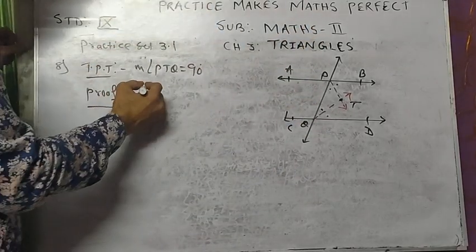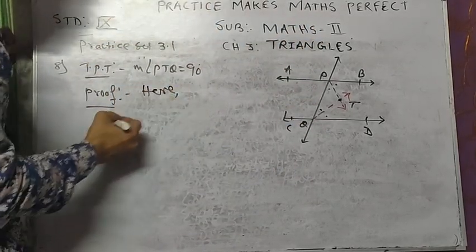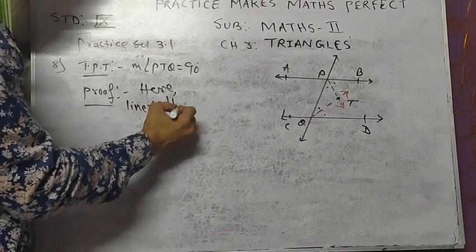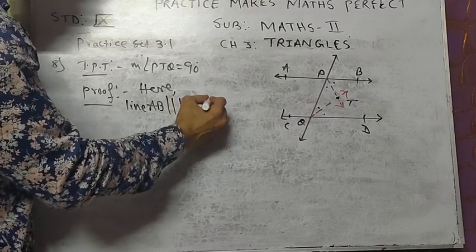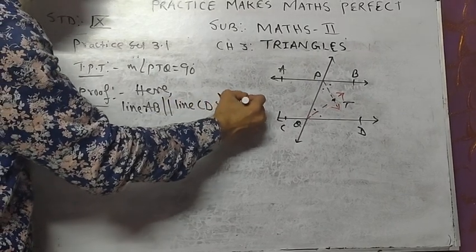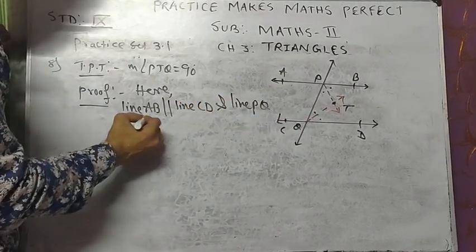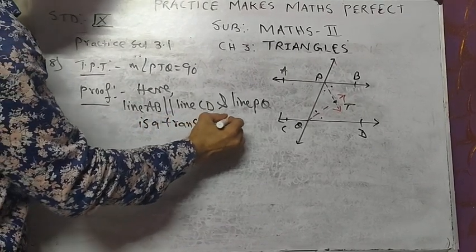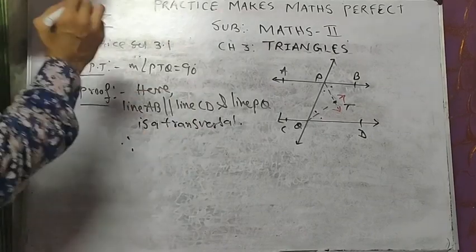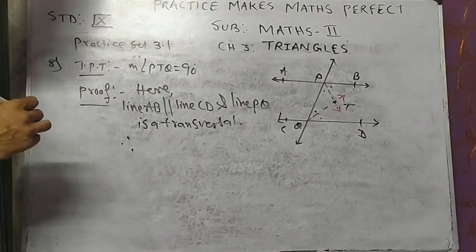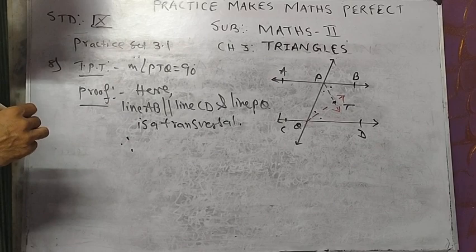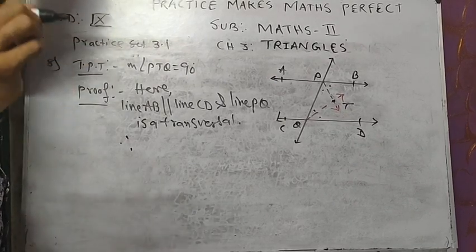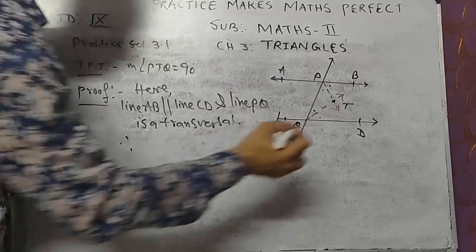So in the proof you have to write here: line AB is parallel to line CD and line PQ is a transversal. Therefore you will take the help of interior angles.